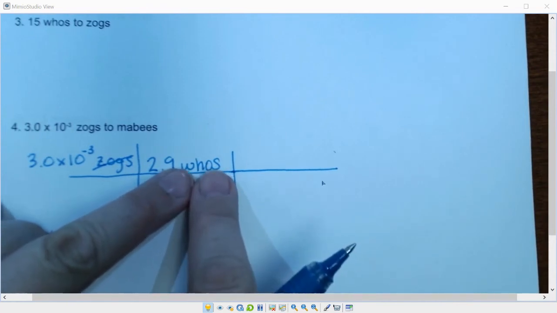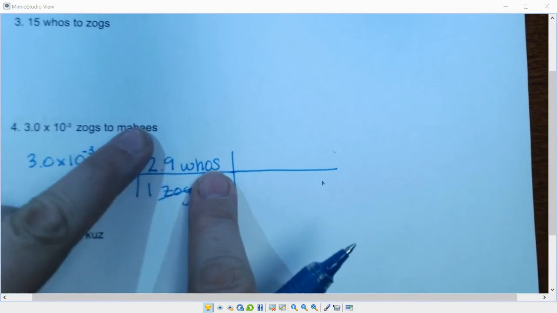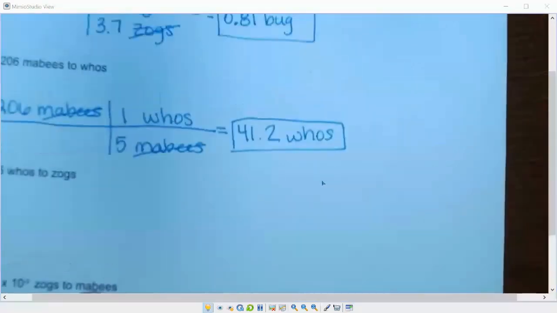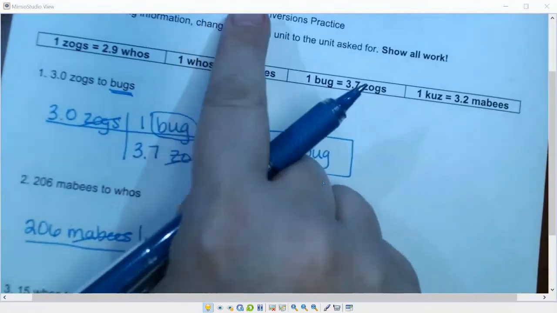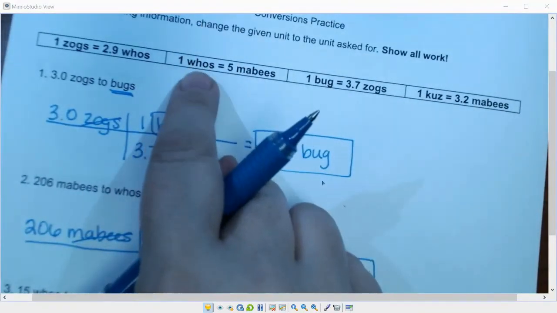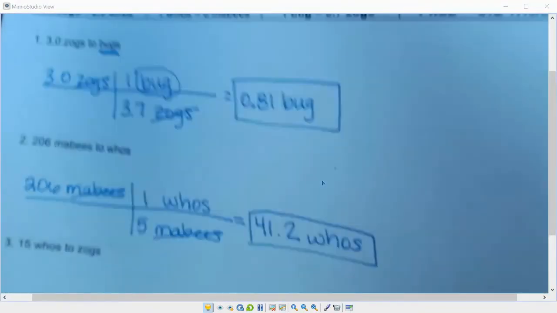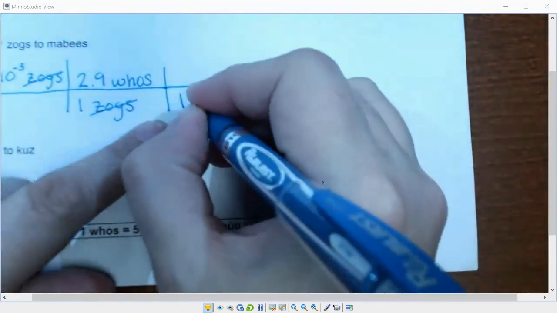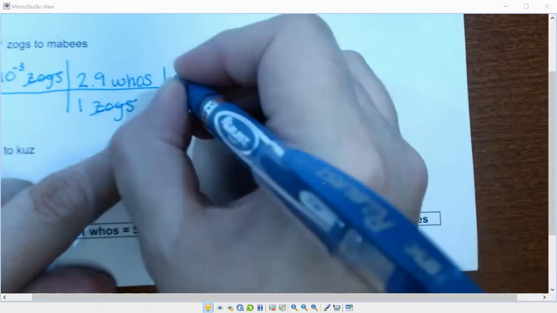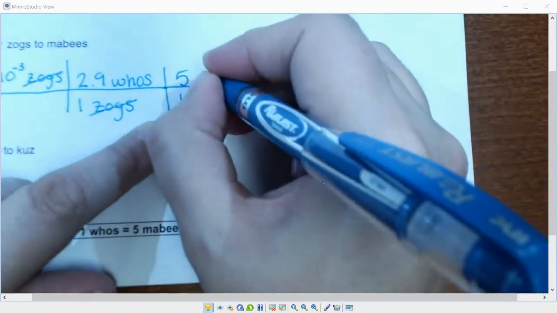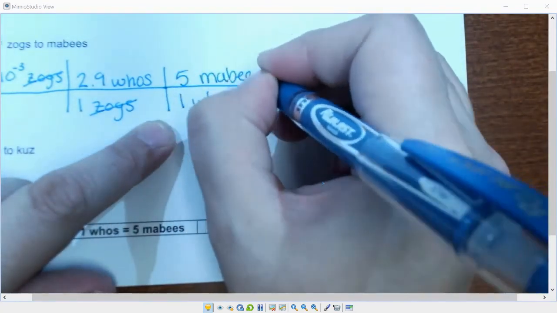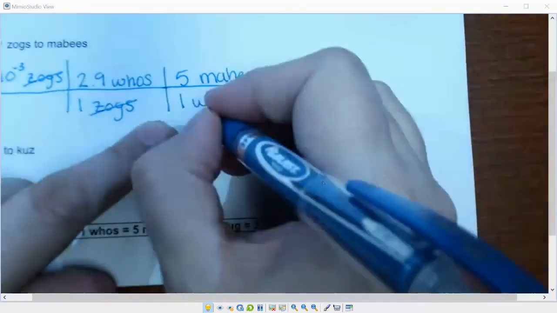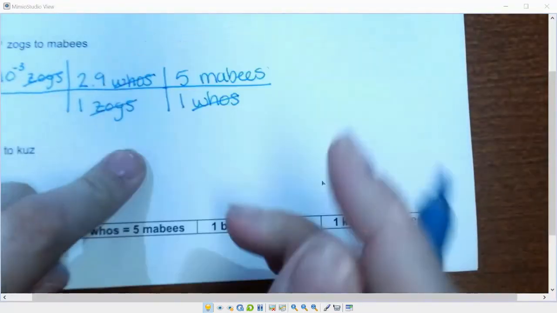I need to get rid of who's because ultimately I'm trying to get this to be maybes. So looking back up here, 1 who is equal to 5 maybes. So I'm going to put that as a conversion factor with the unit I want to get rid of on the bottom and the unit I'm trying to get to on the top because who's can cancel who's here.